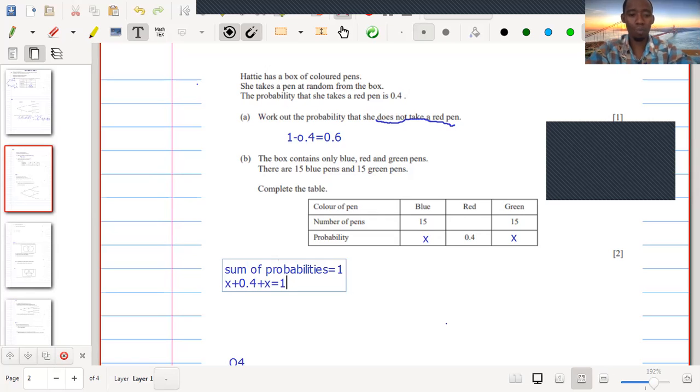So I'll have 2x plus 0.4 equal to 1. Then 2x is equal to 1 minus 0.4, which is 0.6. Then dividing by 2, I get x to be 0.3.